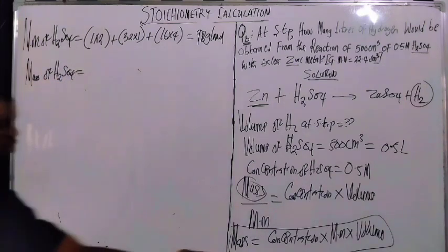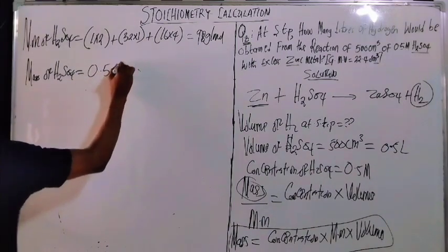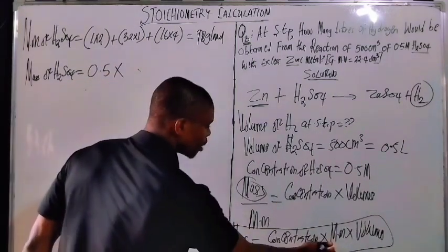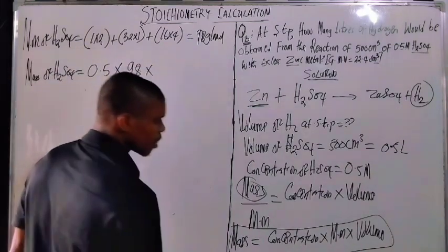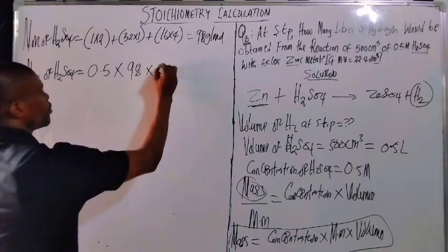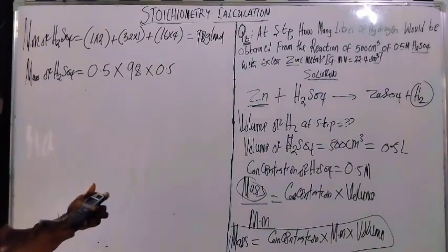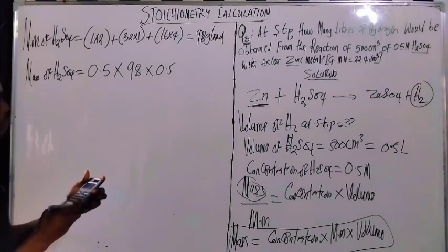So mass of H2SO4 is equal to concentration, which is 0.5, times the molar mass, which is 98, times the volume, which is 0.5. So what am I going to get? 0.5 times 98 times 0.5.